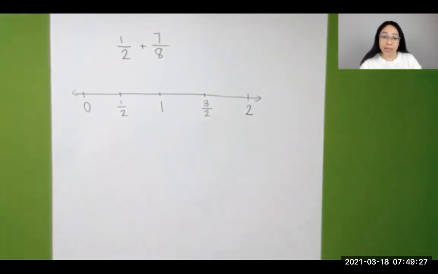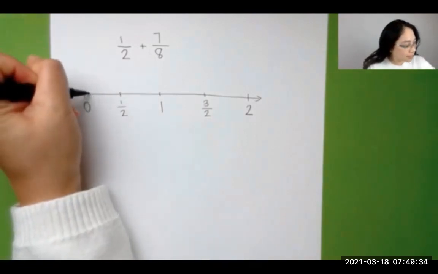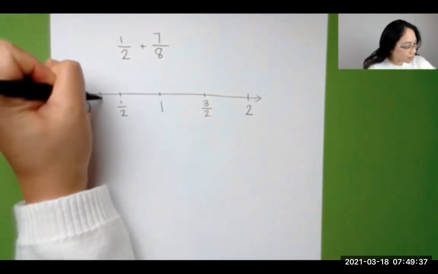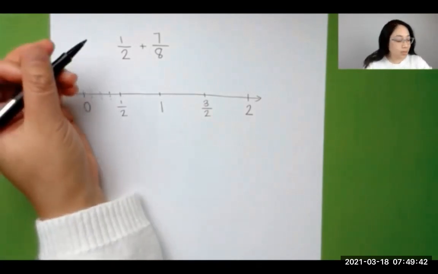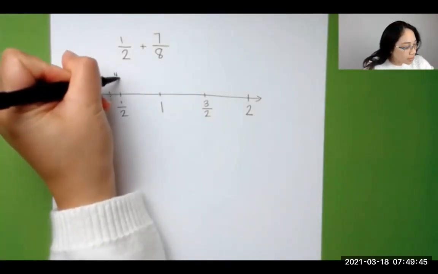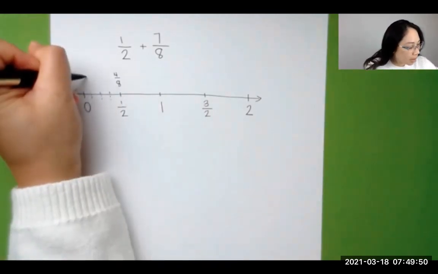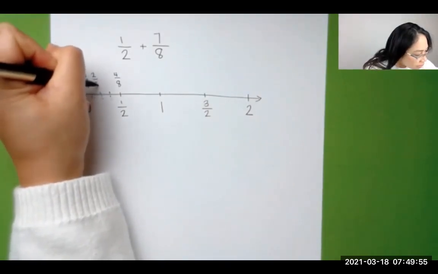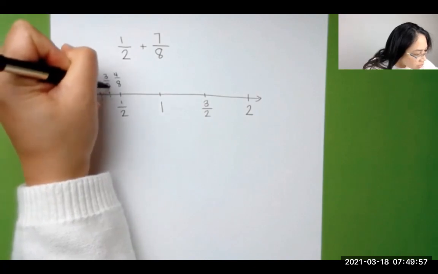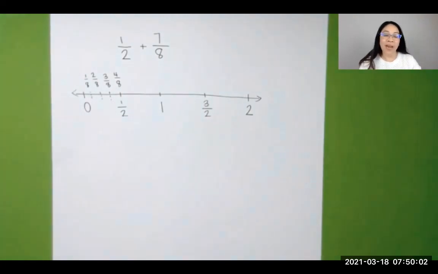How many eighths are in 1/2? Four eighths is the same as 1/2. So we have 1/8, 2/8, 3/8. And then 4/8 is the same as 1/2.